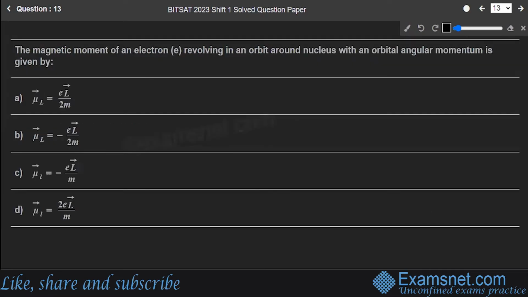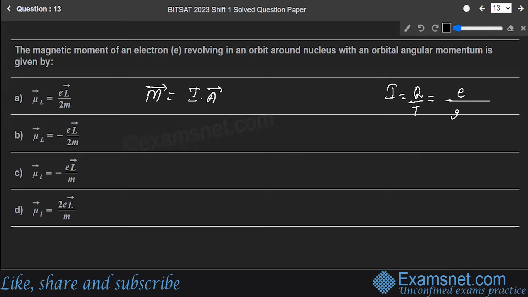Next is question number 13. A magnetic moment of an electron revolving in an orbit around the nucleus with the orbital angular momentum is given by which of these options? So magnetic moment, first of all, is given by I into area. And I is equal to charge upon time. The current is equal to charge upon time.